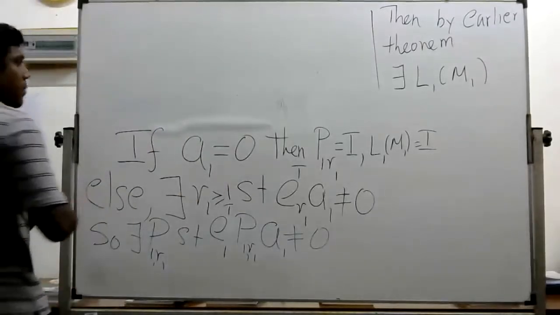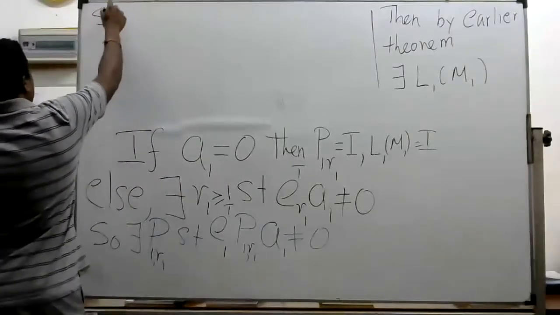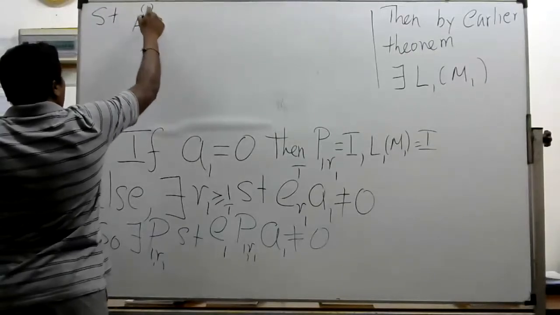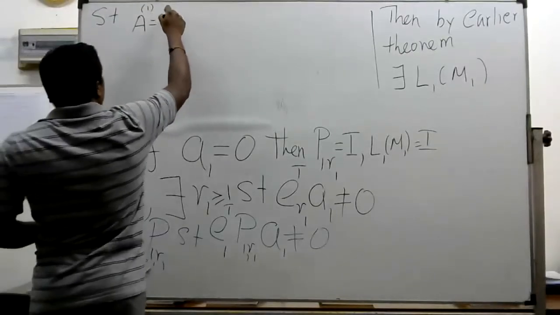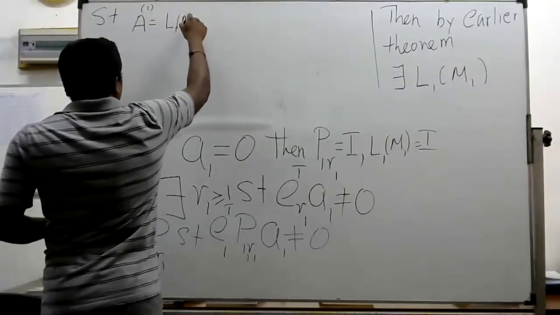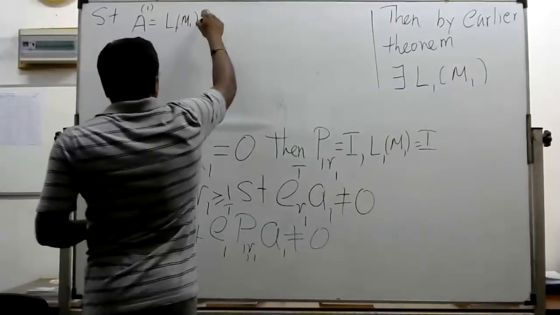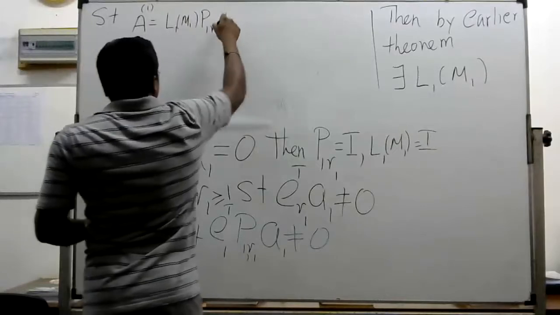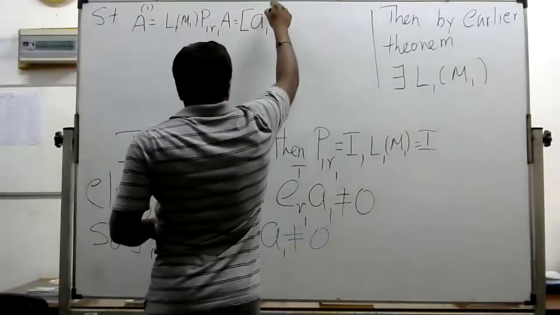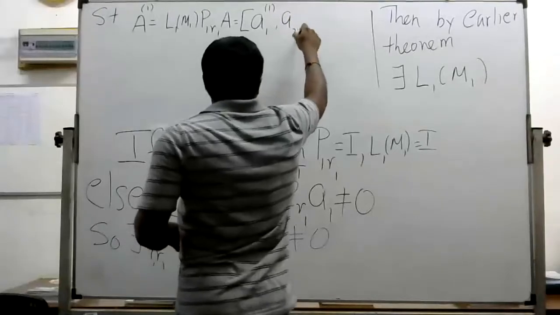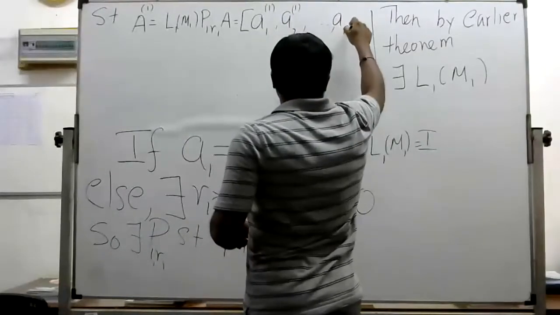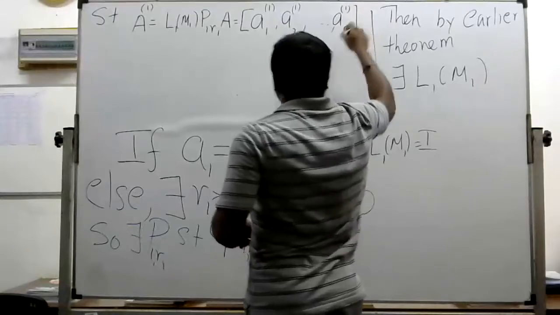So there exists an elementary lower triangular matrix such that A1 is a matrix, which is L1 M1 into P1 R1 A. So again, column notation. I'm going to use A1 1, A2 1, and AN 1.